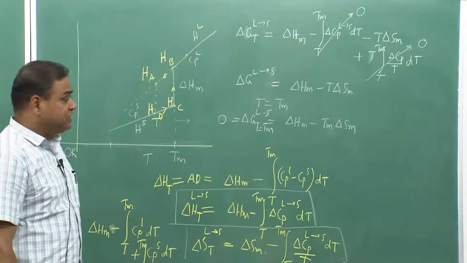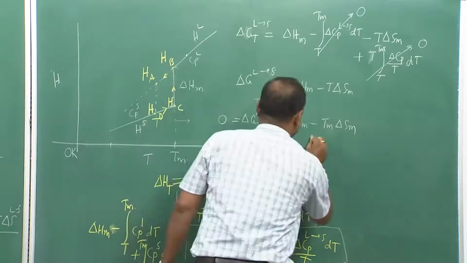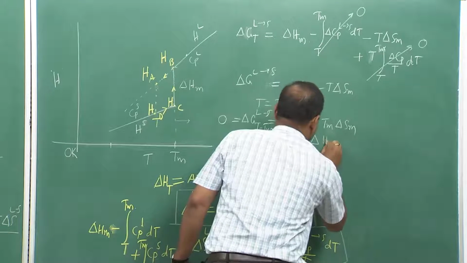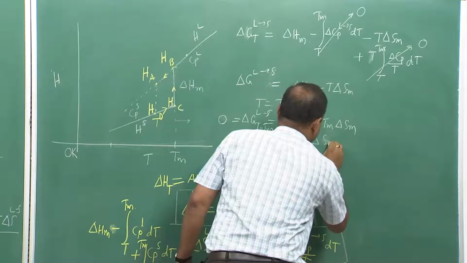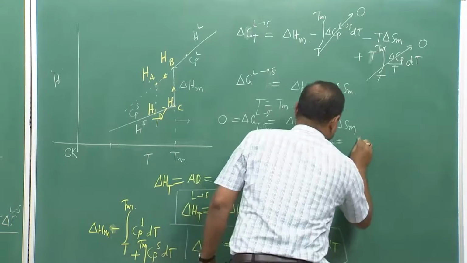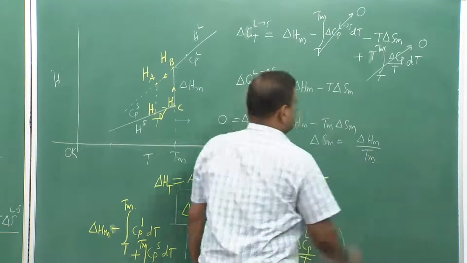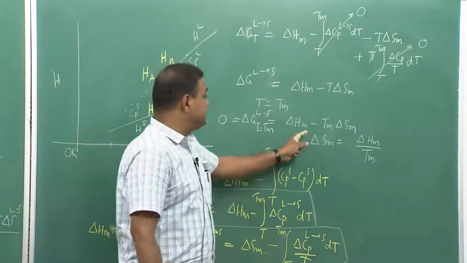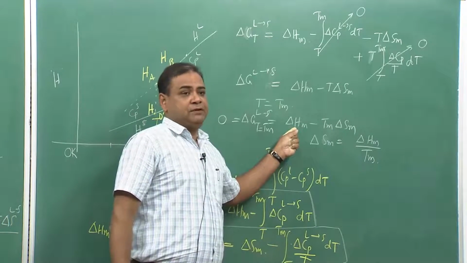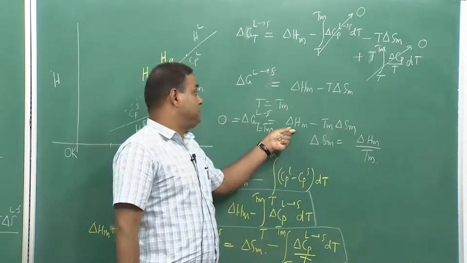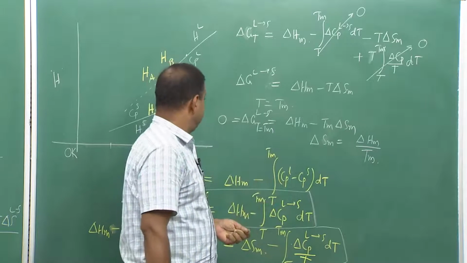If that becomes 0, then I can write del Sm equal to del Hm by Tm. So I convert everything in terms of enthalpy of melting, or latent heat of melting or solidification.